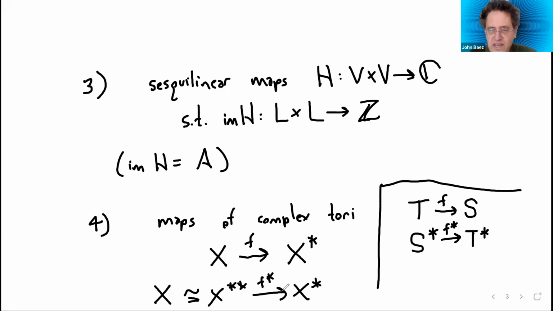Because in the other, fancier descriptions of the Néron-Severi group, in terms of the Rosati involution, they say that they are endomorphisms of X that are self-dual. Yes, in some sense.